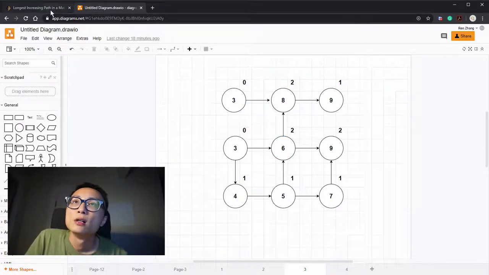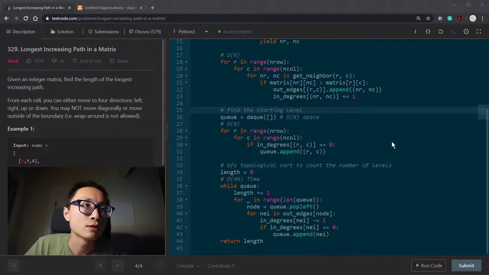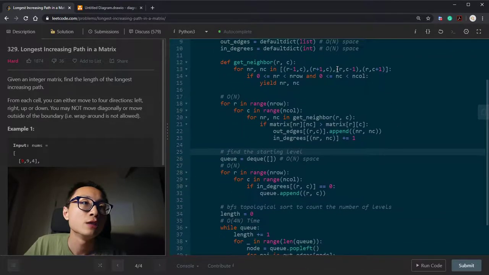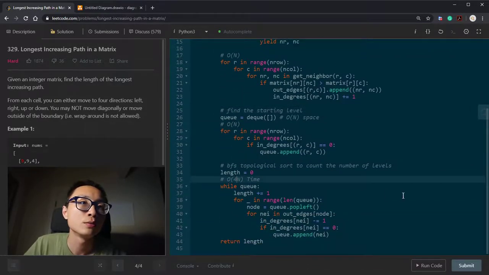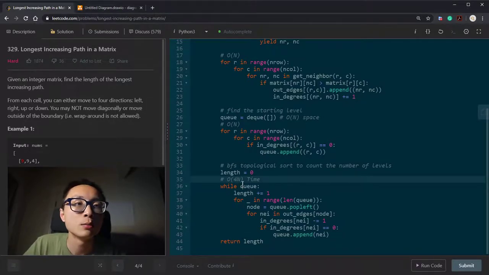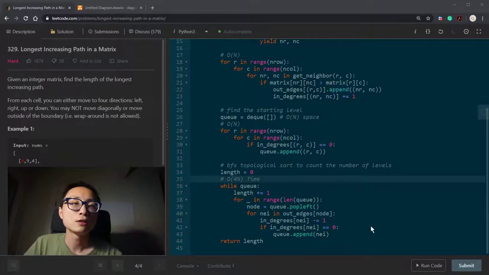Anyway, I don't have time to do that today, and this week I'm just practicing topological sort, so that's why I was doing this solution instead. Overall, the time and space for this topological sort solution is a constant multiplier by the total number of cells in the matrix, so it's linear in both time and space. Yeah, so that's the question today.